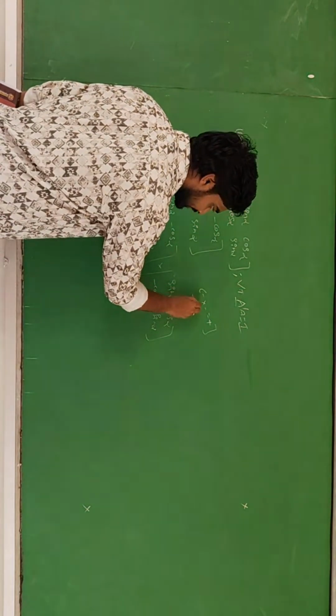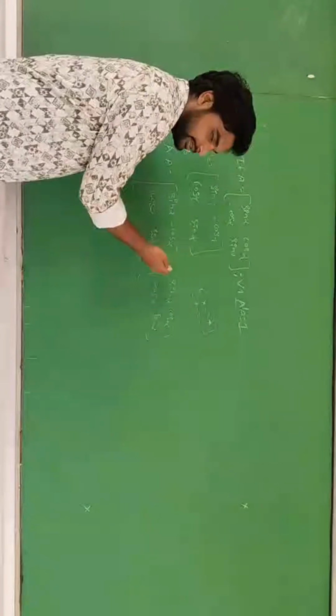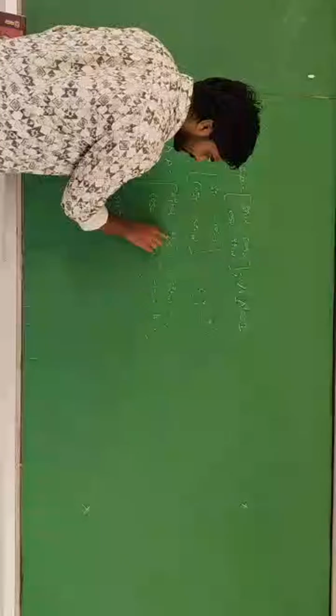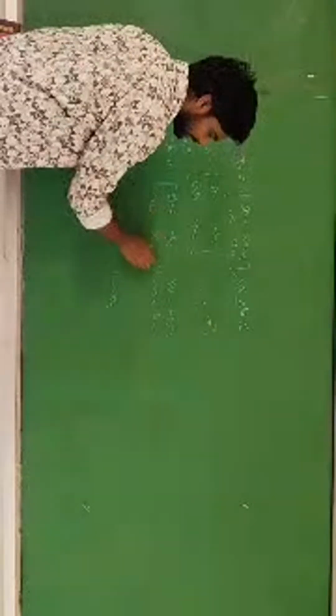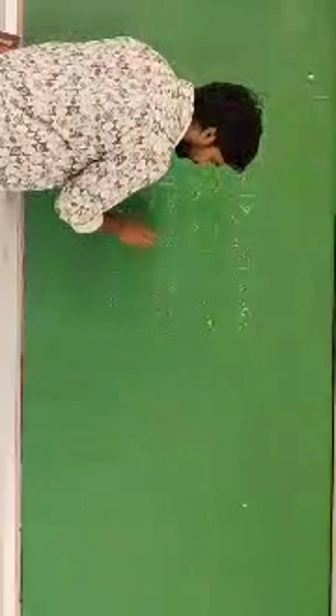Now the first row with the second column: sin alpha into cos alpha, and also minus cos alpha into sin alpha.